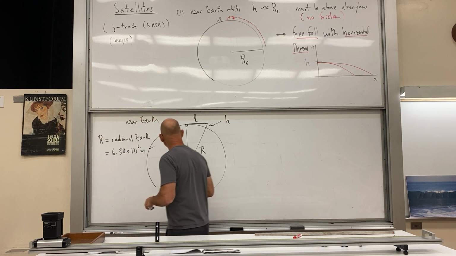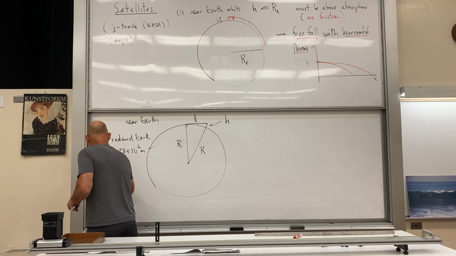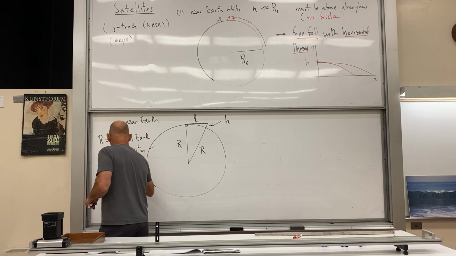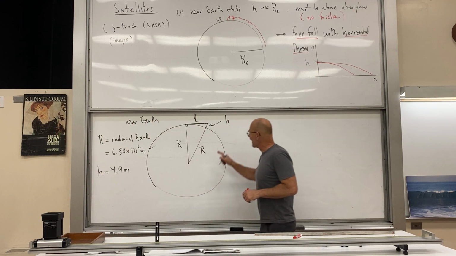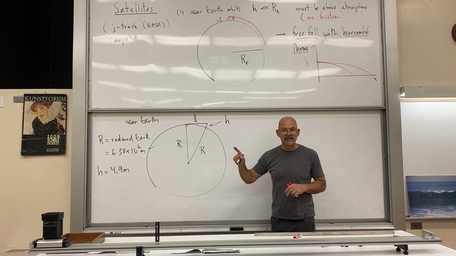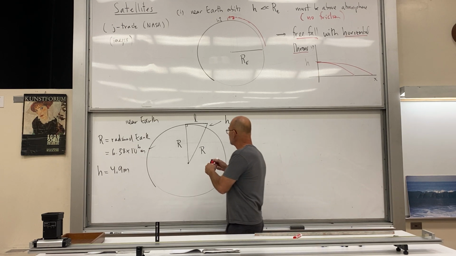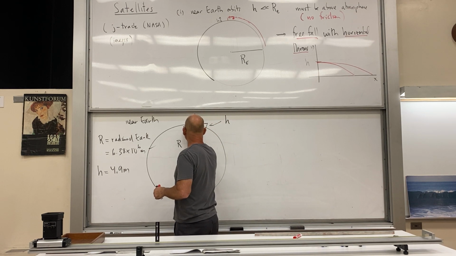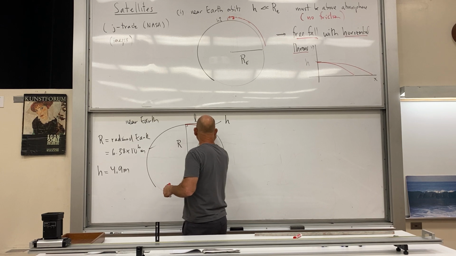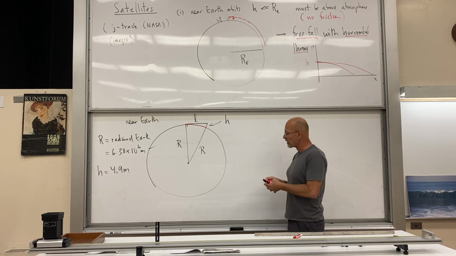Okay, so we know that. We're going to let H equal 4.9 meters. The reason is that's the distance something free falls in 1 second. So what happens is we threw it horizontally, but it actually went along this arc here, and that distance H is for t equals 1 second.